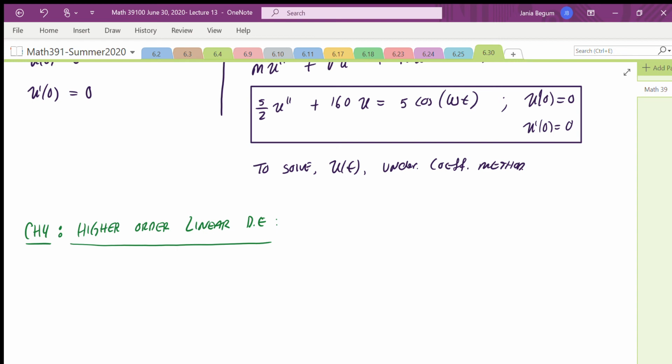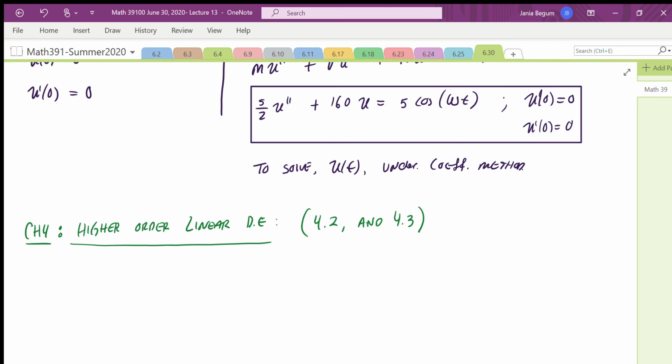What if we're solving third order or sixth order or eighth order differential equations with constant coefficients and non-homogeneous as well? The only sections we're going to cover from chapter 4 are 4.2 and 4.3.